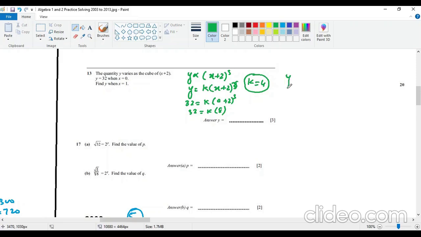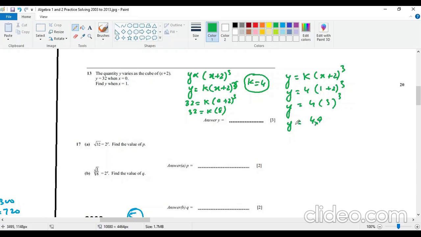They need to find out y. So already we know y equals k times (x plus 2) cubed. K is 4 and x is 1 in the given question, plus 2. That means y equals 4 times 3 cubed. That means y equals 4 times 9.